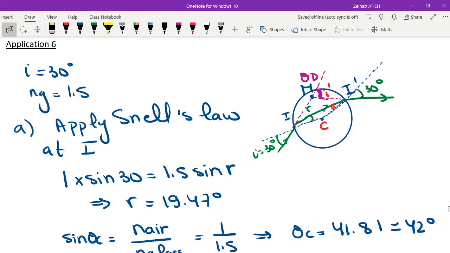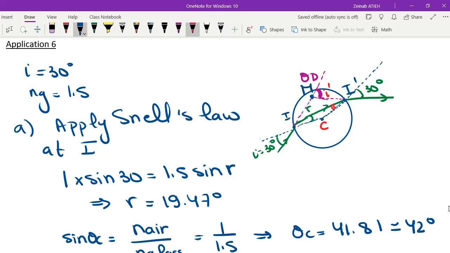I will take the shape IMI prime C. This shape has 4 sides, so the sum of its angles must be 360. I already found ICI prime, which is 141.